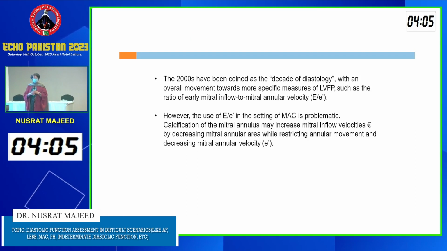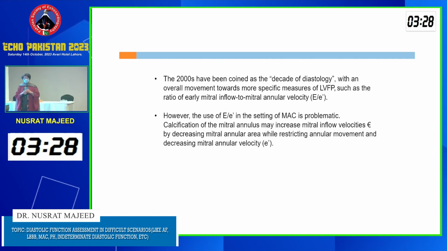In the last 2 decades, a lot has been published about diastology. So this era has been a decade of diastology. Now we had better parameters, like we could measure E/E dash, that is the mitral E velocity with movement of the mitral annulus, and then it would have been easy. But it was noticed that in the setting of MAC, this was not very reliable.